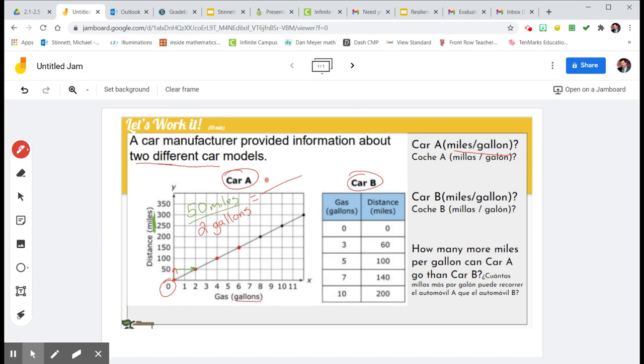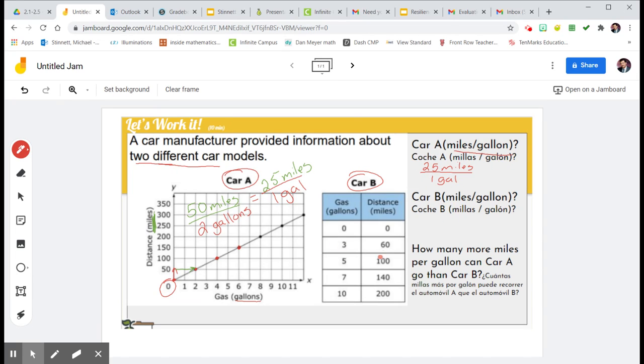So it's 25 miles, 25 miles for every 1 gallon. Okay? So that's what it would be for car A. For car A, it's 25 miles for every 1 gallon.